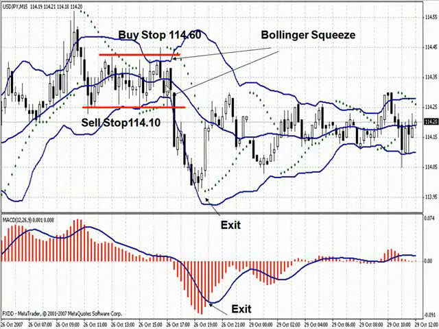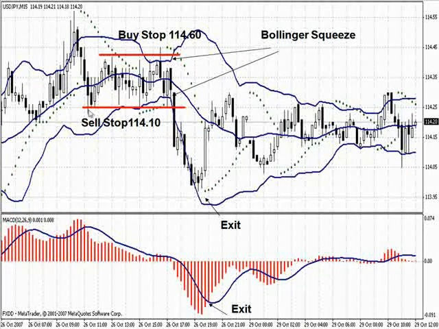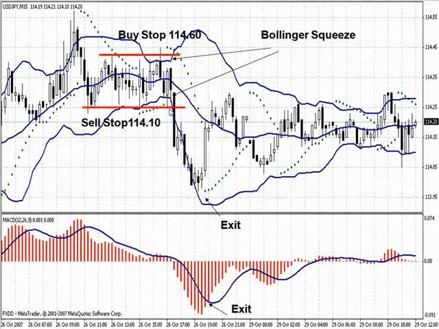Let's look at one more chart. You notice over here the currency is going sideways, so we place a line above, which is the resistance, and a line below, which is the support. We enter a buy stop order on top and a sell stop order below.